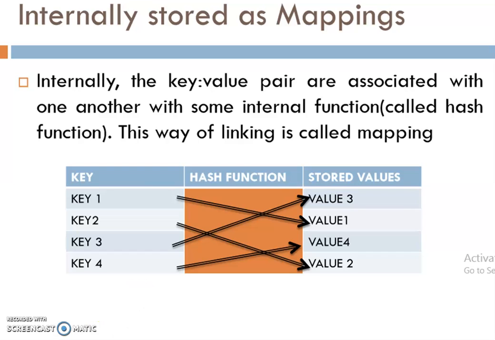This way of linking is called mapping. Here the keys are 1, 2, 3, 4 and the stored values are 3, 1, 4, 2. This is a hash function, where the hash function is an algorithm. So here key 1 will point to its value, like that 2, 3, 4.